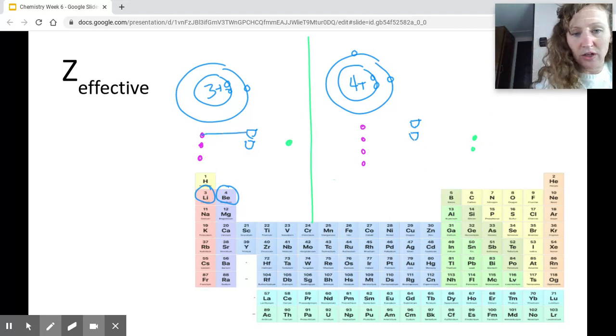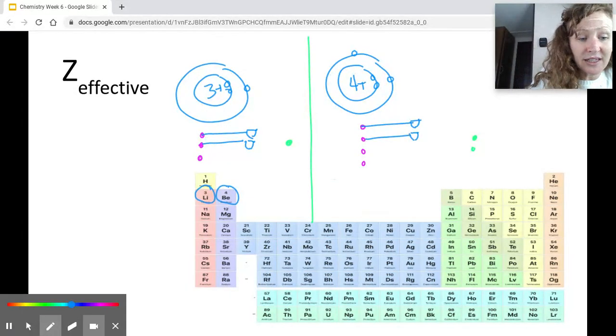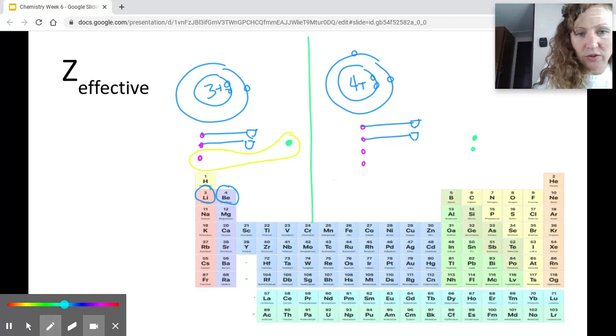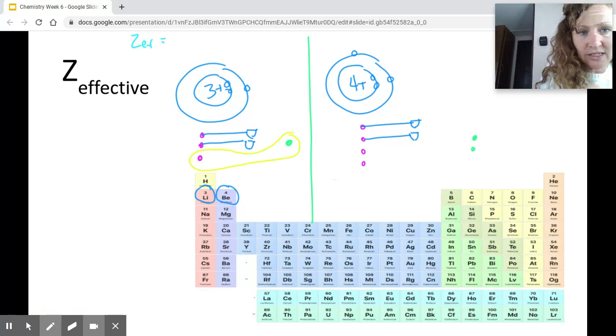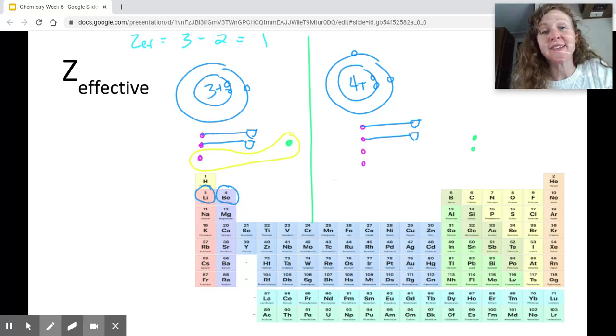Okay, so our core electrons are blocking a nuclear charge. And then our valence electron is going to feel an effective nuclear charge from lithium of 1. And we can see that in the math too. So if we calculate Z effective, it's going to be 3 nuclear charge minus core electrons equals the charge from the nucleus that the valence electron actually feels.